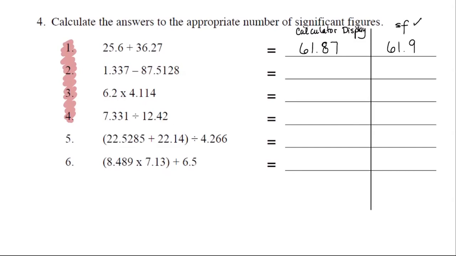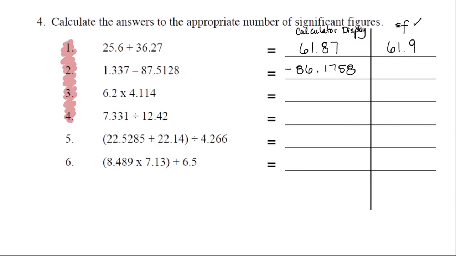What is the calculator display for number 2? Excellent. That's what I got also. Based on the sig fig rules, I see that there's different answers. So the first measurement has 3 decimal places. The second one has 4 decimal places.